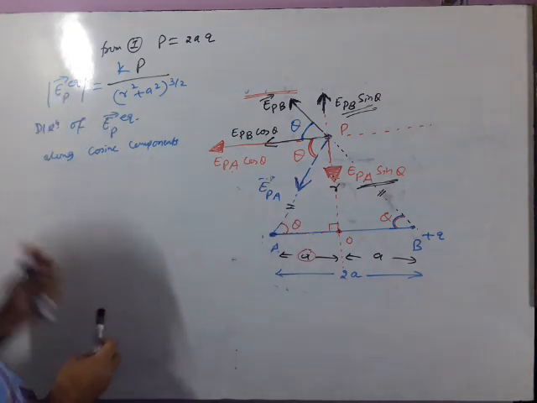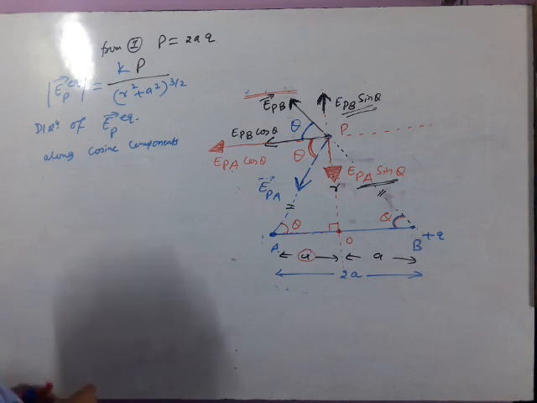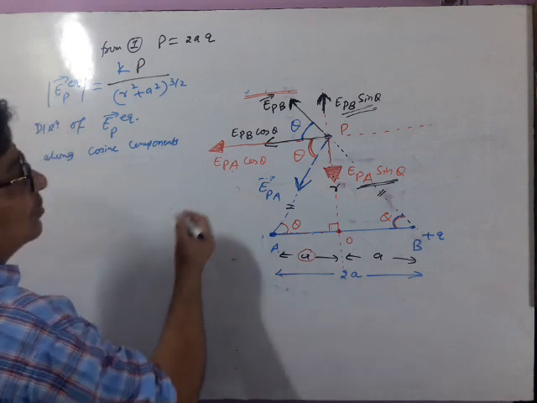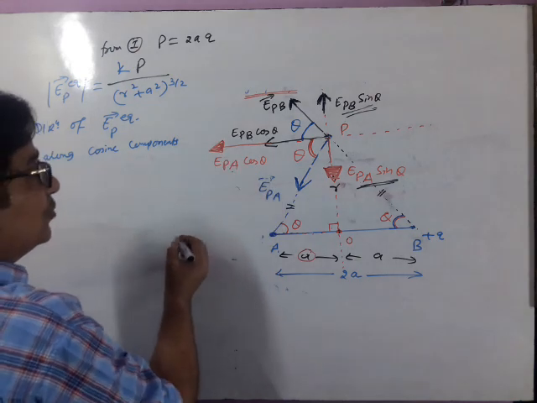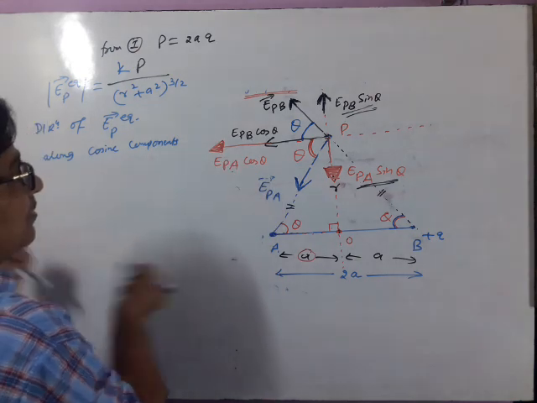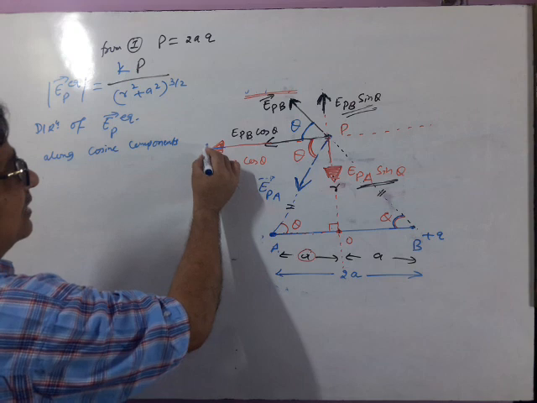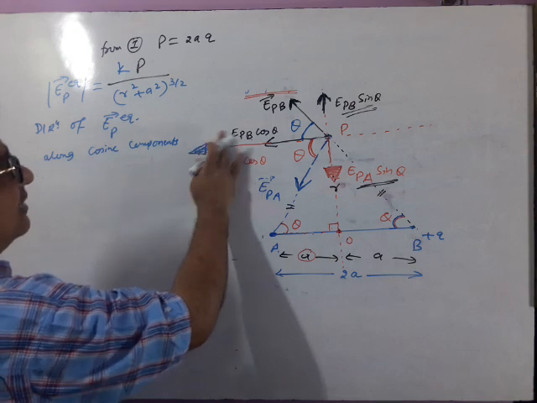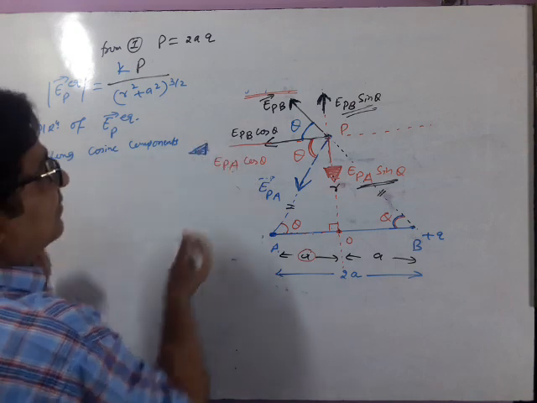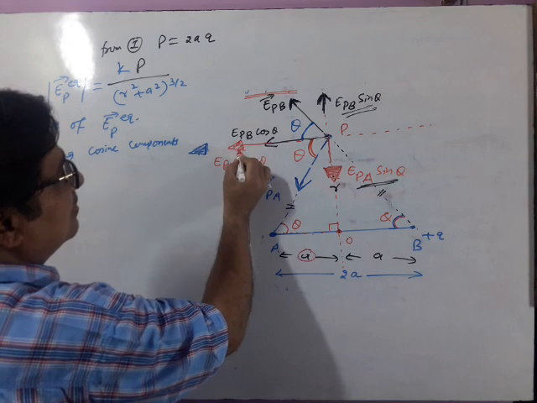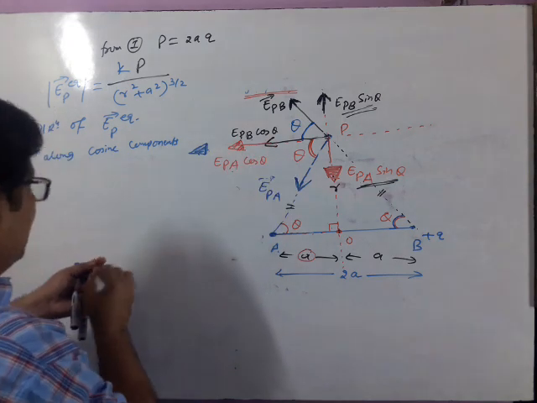You know, when forces are in the same direction, the resultant is added up and the final answer also comes in the same direction. So you will have to write like this: the final answer of electric field is also in the same direction, like it was EPA cos theta and EPB cos theta.